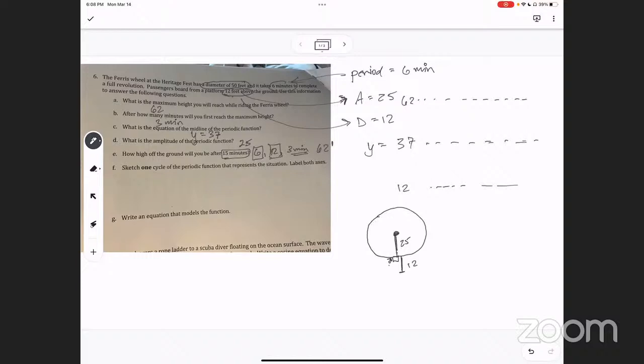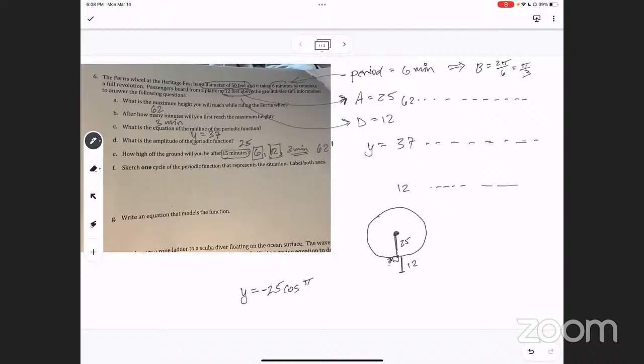Then you'd have to write your equation, y equals a times, let's see, we're starting on the bottom, so it's going to be a cosine, right? So it's going to be a negative cosine. Right? Negative cosine. Your period is 6, which means that your b equals 2 pi over 6, which is pi over 3.